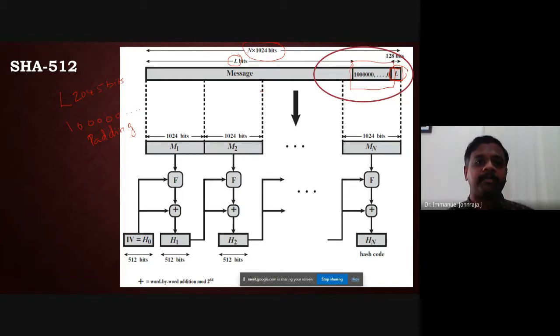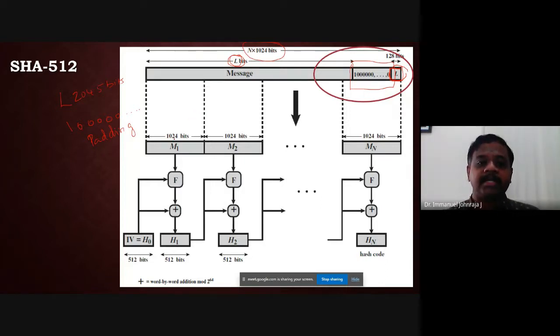That is why the original message length L is represented in the 128-bit block. So this is always appended. I'm going to explain how many bits are added and how this L is added in the subsequent slides.